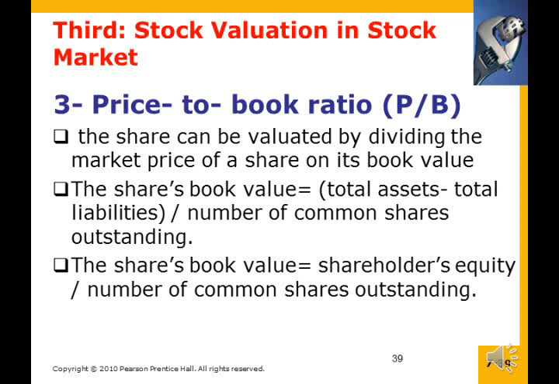Do you remember the balance sheet? We said that the difference between total assets and total liabilities equals the shareholders' equity. If we divide the shareholders' equity by the number of common stocks, we will get the book value of the share. Okay? So the book value is the shareholders' equity over the number of common stocks.